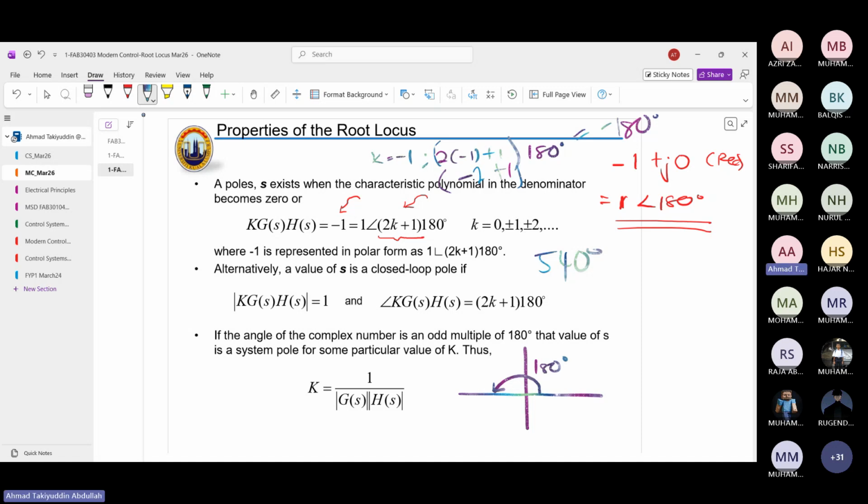And the same angle, the same point, the same line that we have for 180 degrees will be for minus 180 degrees. Am I right?